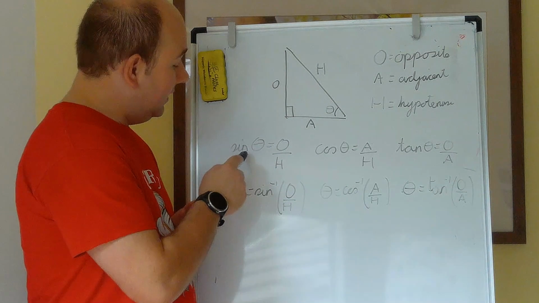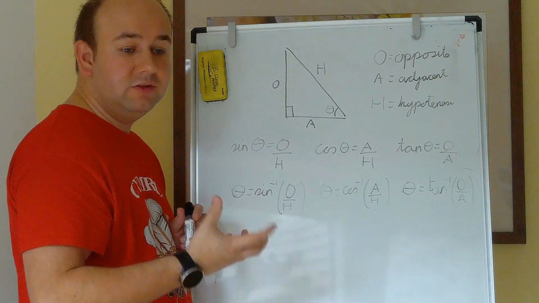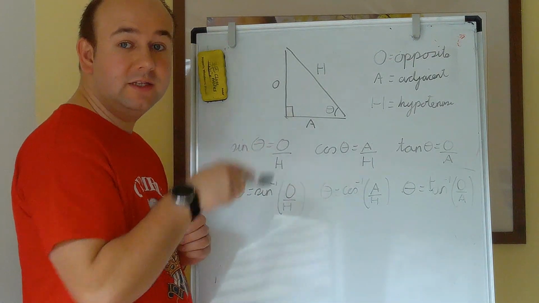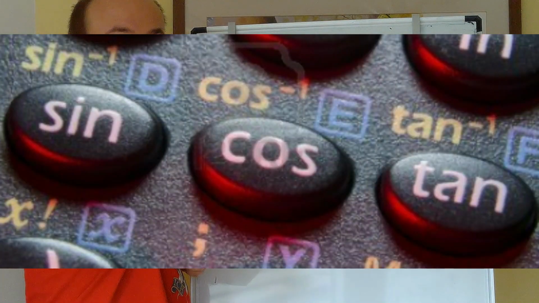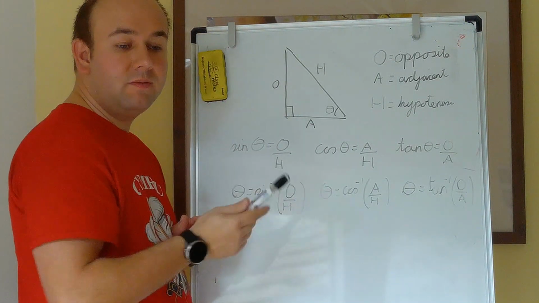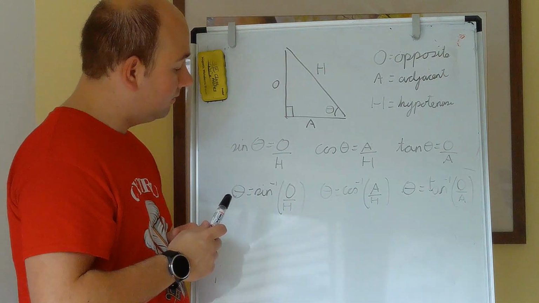Let's start off with sine. You have to use a calculator to be able to do this. It's not very easy to do these by hand. I'll show you where these are on the calculator on the screen now. If we type in sine of this angle, which has to be less than 90 by definition, we end up with a number which will vary between -1 and 1.